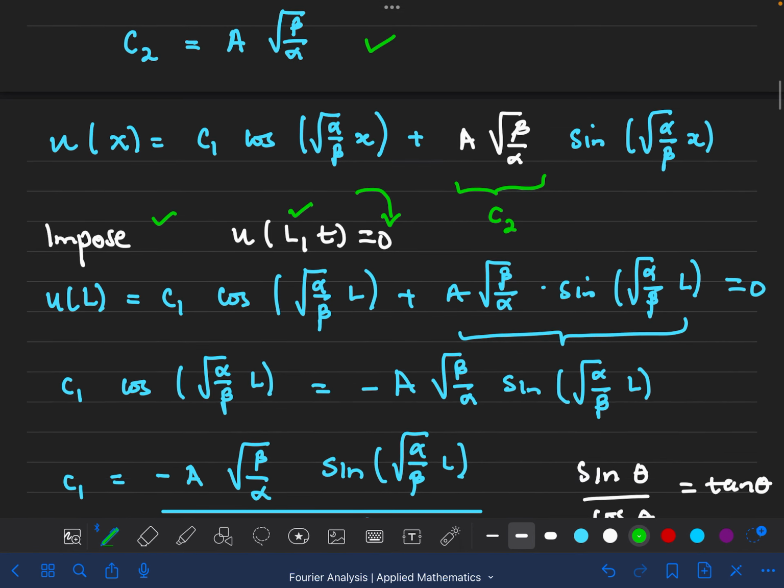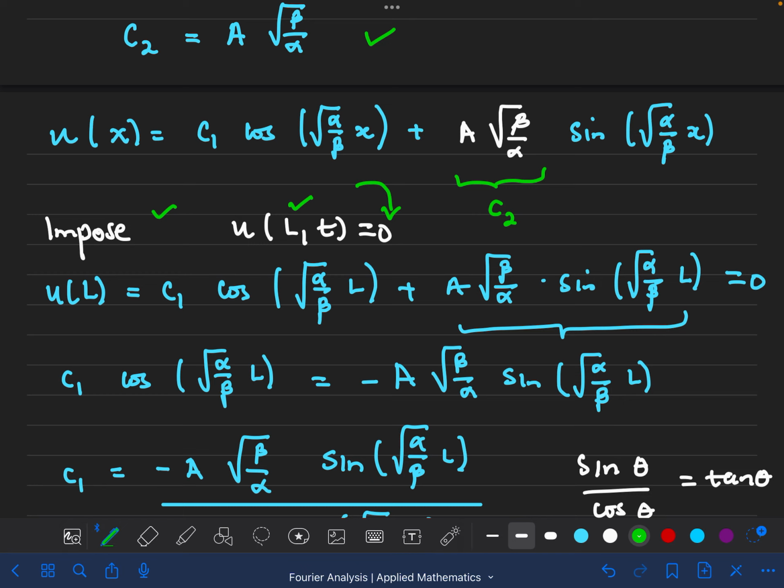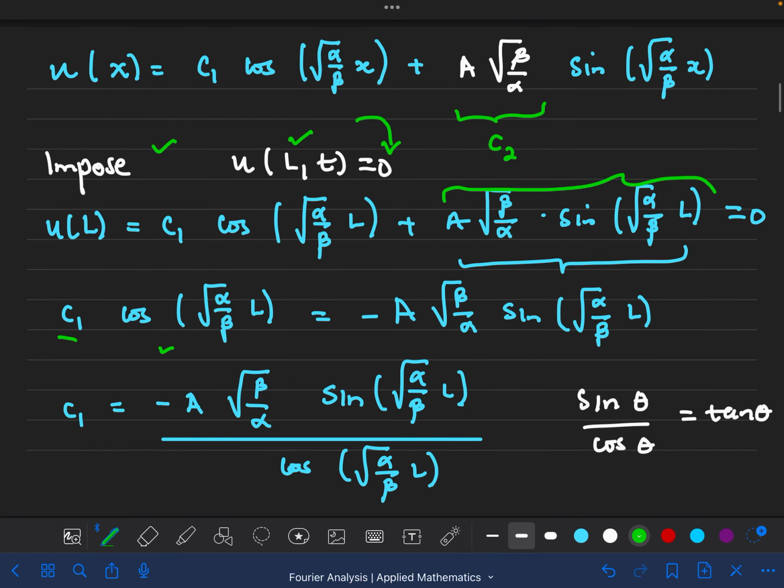And so what we did, we subtracted this portion on both the left-hand side and the right-hand side. And then now C1 times cos of the square root of alpha over beta times L is equal to minus a times the square root of beta over alpha times sine of the square root of alpha over beta times L. And then, in order for us to remain with C1 here, we had to divide by cos.